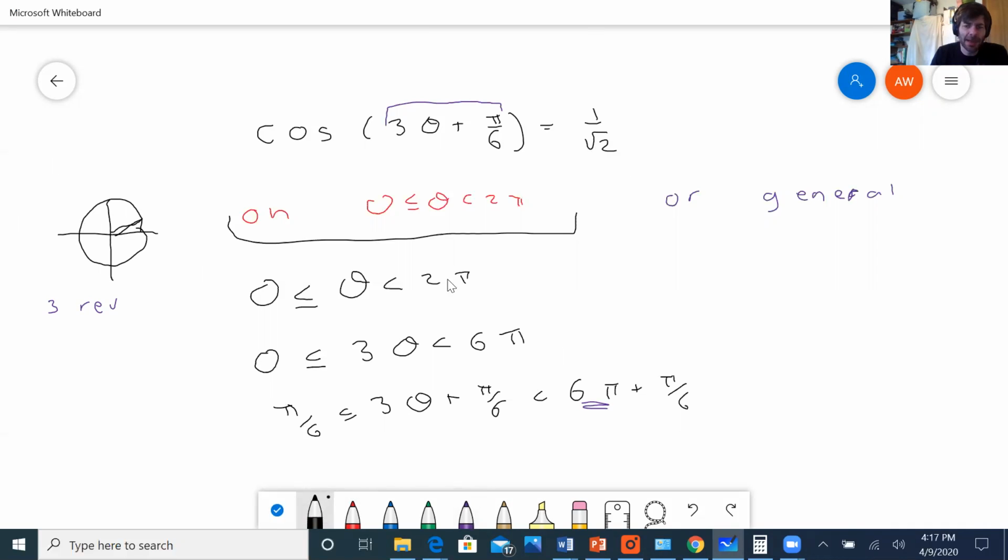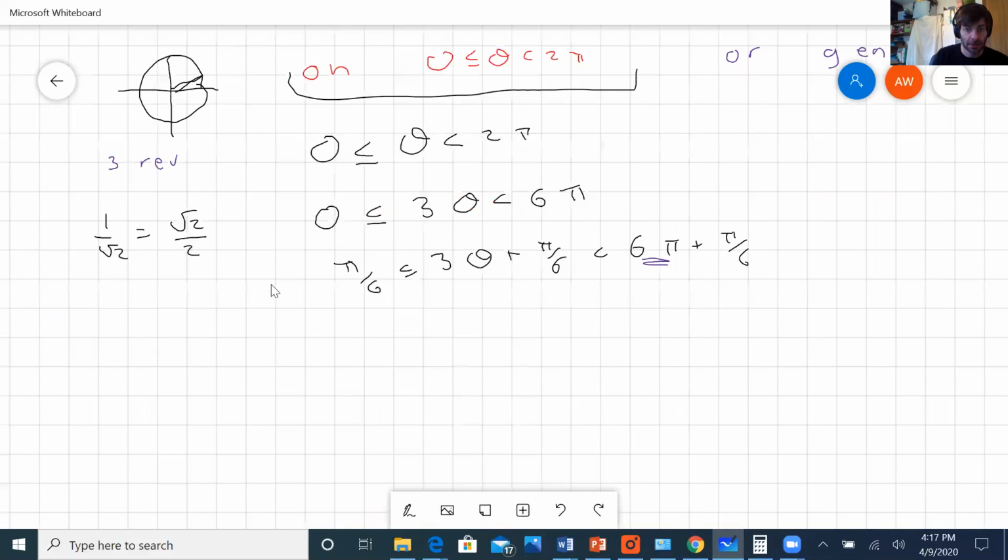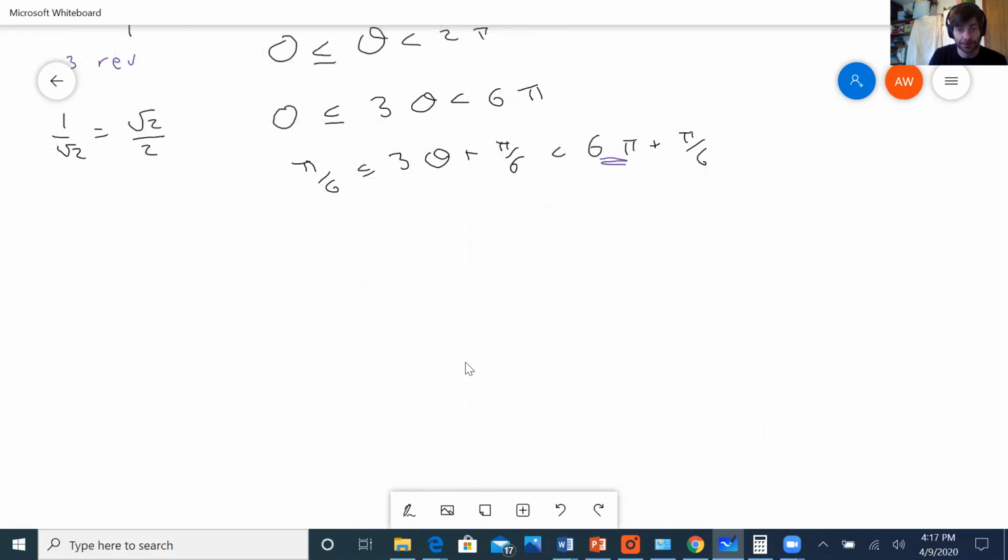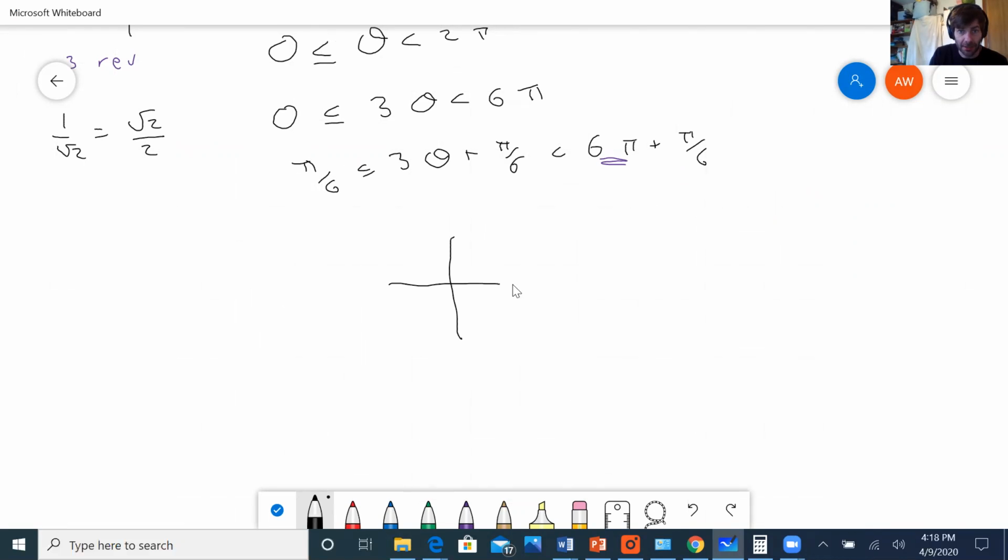The other thing is that 1 over root 2 is the same as root 2 over 2 if I multiply the top and the bottom by square root of 2. So I know where cosine equals root 2 over 2: at pi over 4 and at 7 pi over 4.